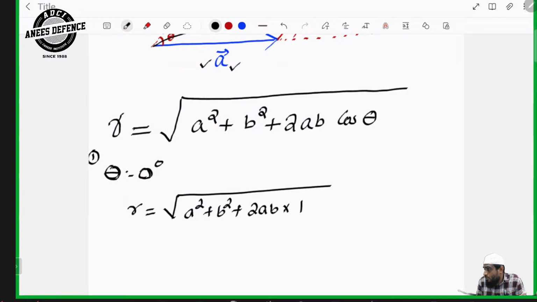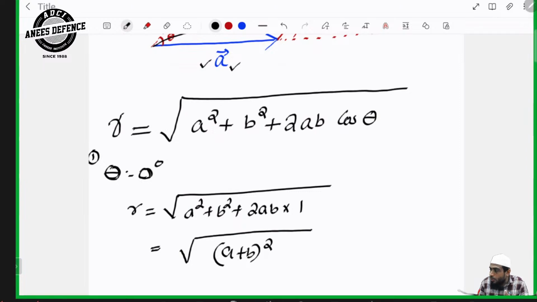This is A square plus B square plus 2AB. What is that? It is a square identity. What identity? A plus B the whole square, which is A square plus B square plus 2AB. So what is actually written inside is A plus B the whole square.